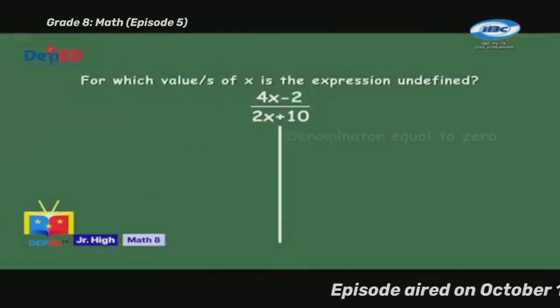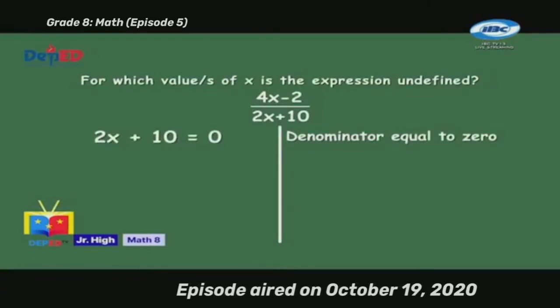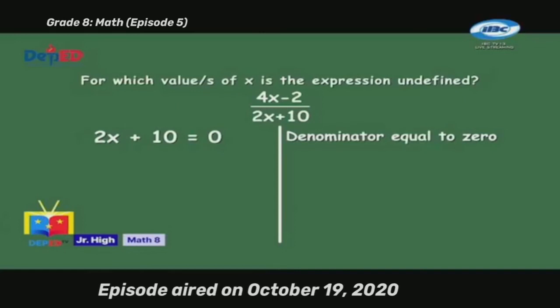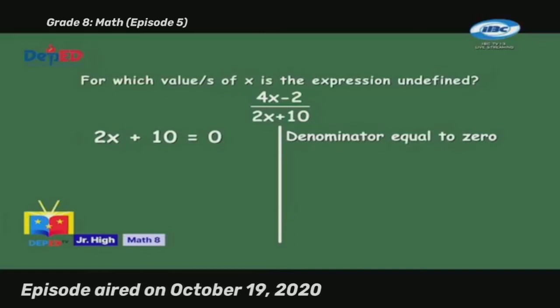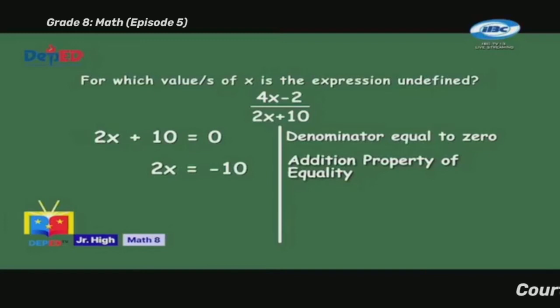So we will have 2x plus 10 is equal to 0. By simplifying and the addition property of equality, we can have 2x is equal to negative 10. To get the value of x, we now divide both sides by 2.